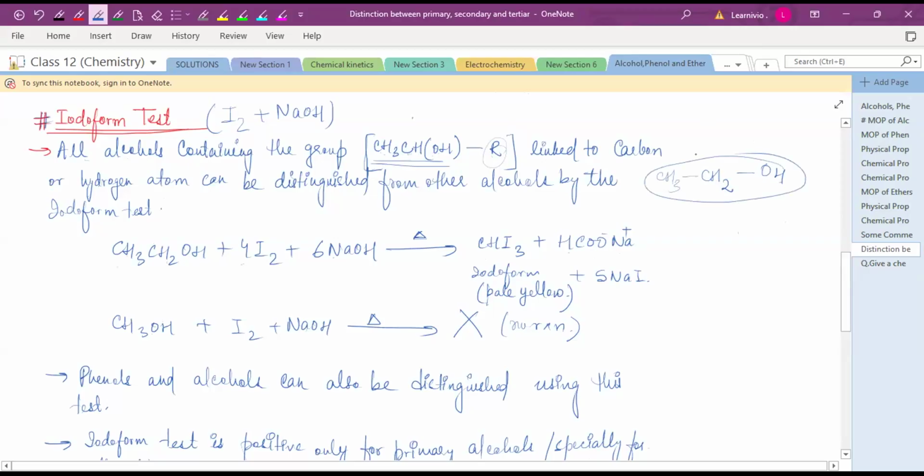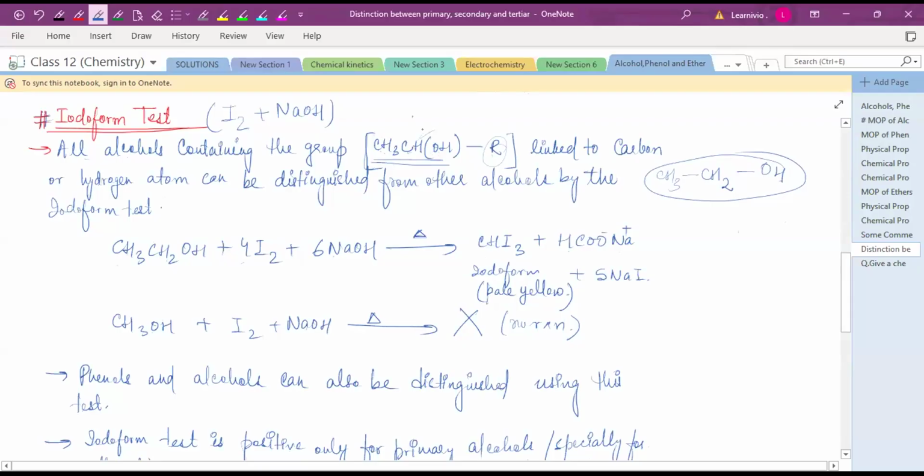This is the necessary group. This is the condition for the iodoform reaction. This group should be present. So all alcohols which contain this CH3CHOH group, linked to a carbon or hydrogen atom, can be distinguished from the other alcohols by the iodoform test.